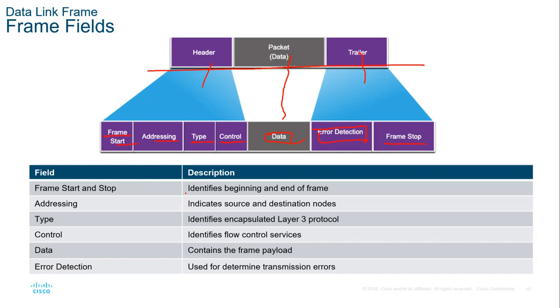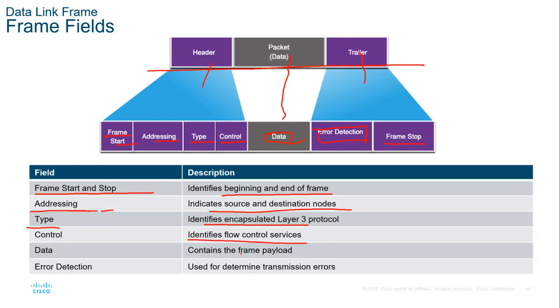Here are their descriptions. Frame start and stop identify the beginning and end. Addressing indicates the source and destination nodes, those are MAC addresses. Type identifies the encapsulated layer 3 protocol, is it version 4 or version 6? Control identifies the flow control service.